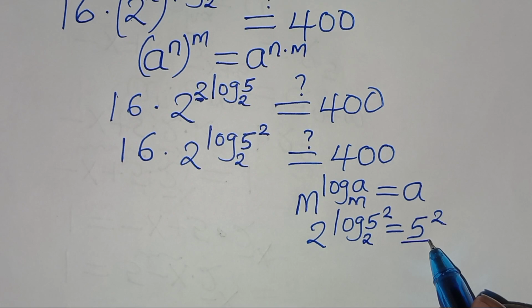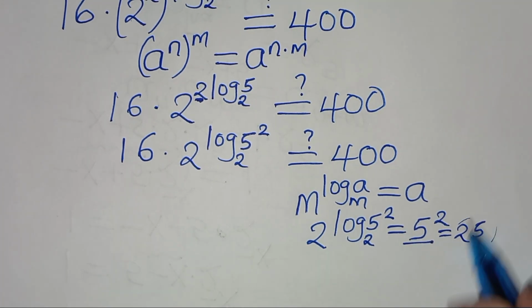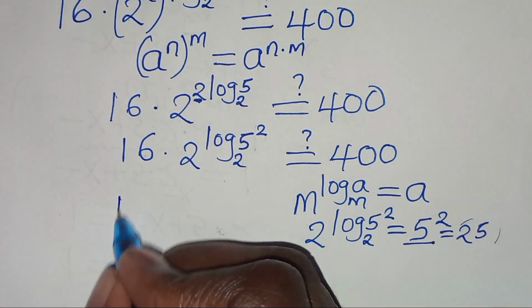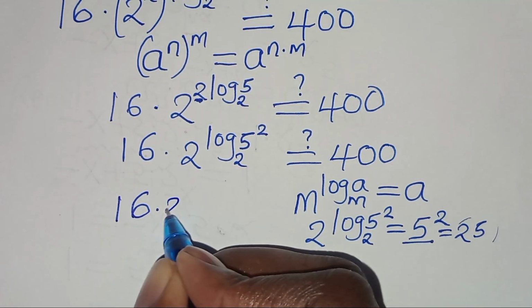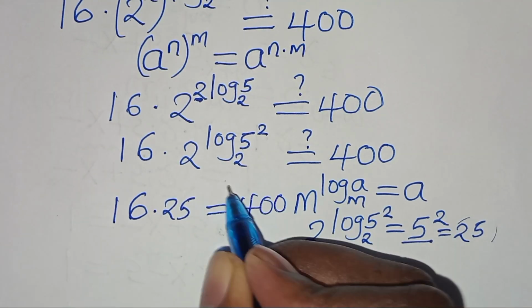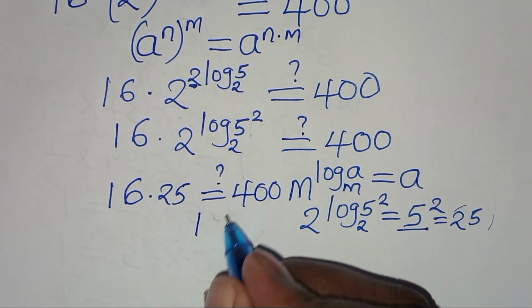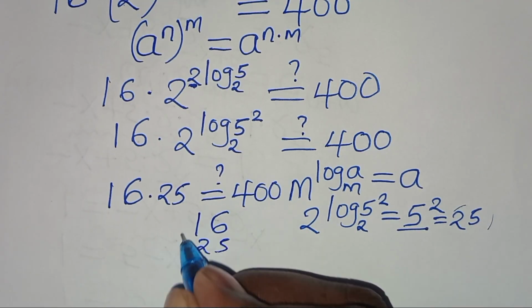So 5 squared is the same thing as 25. So let's substitute this. Here we have 16 times 25. This is supposed to give us a value of 400. So we have 16 times 25.